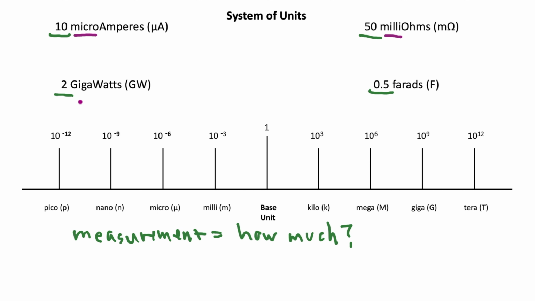Our prefix down here is giga. And we don't have a prefix here on this last one, so we know that ultimately it's referring to the base unit. It's implying base unit since there is no prefix. So prefix just means how big or small.